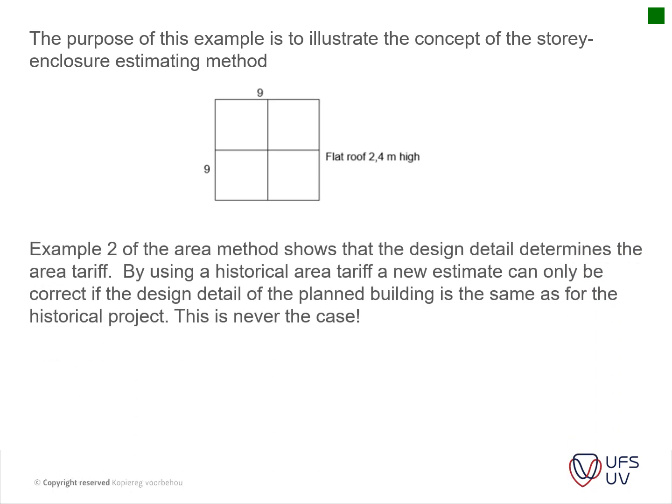Example 2 of the area method shows that the design detail determines the area tariff. So by using the historical area tariff, a new estimate can only be correct if the design detail of the planned work is the same as the historical project. This is never the case.